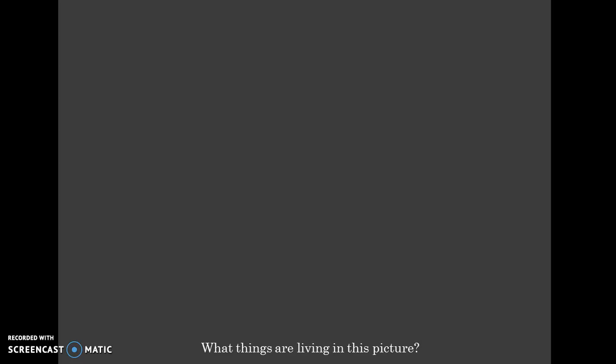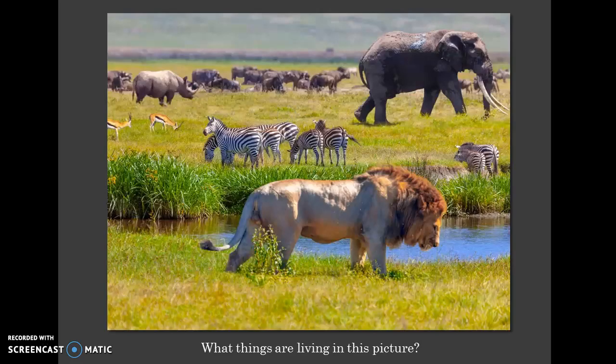Take a look at this picture here. I want you to try to spot all the things that are living in this picture. I think a lot of you right away go to the rhinoceros or the elephant, the zebra, the lion. But again, here's a challenge.